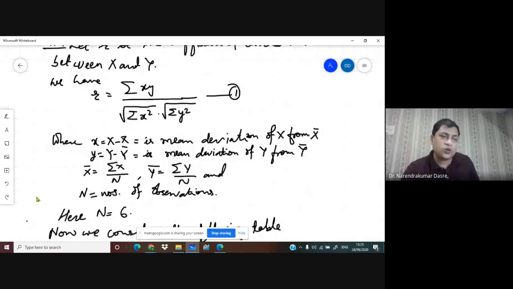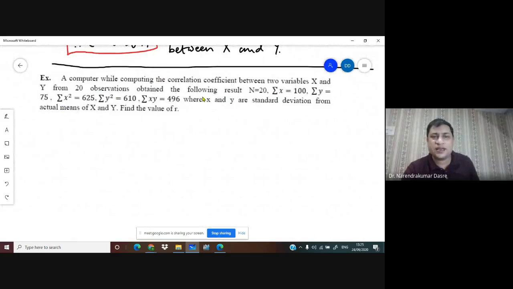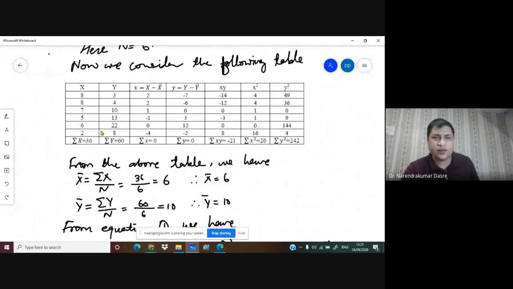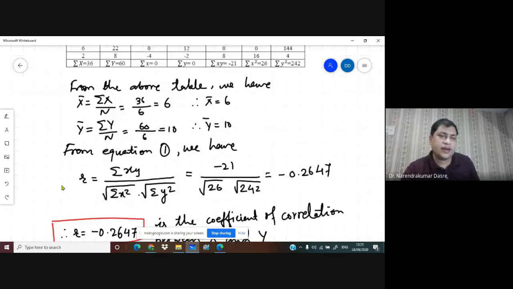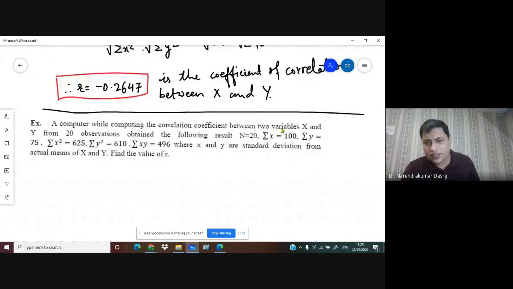Now in this example, we are given all these quantities. This is called processed data. So we may have raw data as x and y given, or we may have processed data directly given.